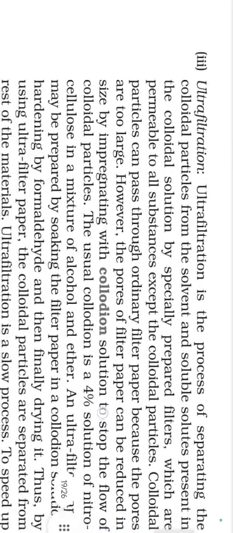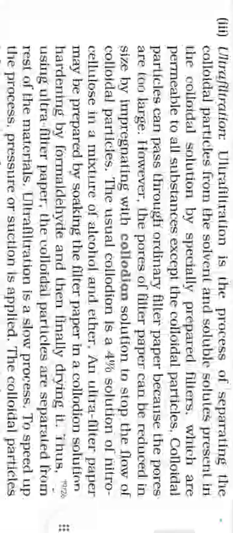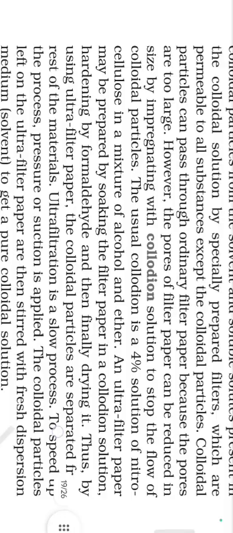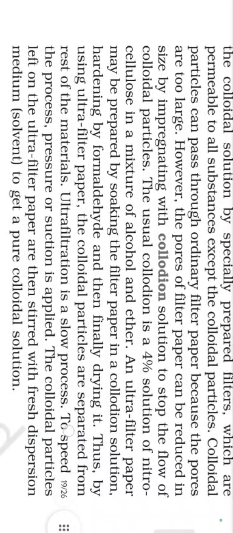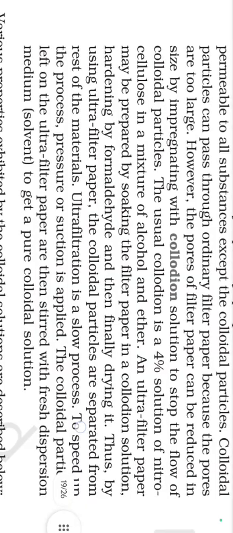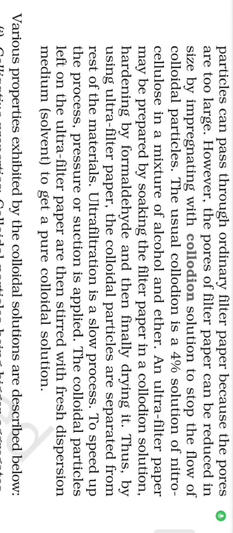Third, ultrafiltration. Ultrafiltration is a process of separating the colloidal particles from the solvent and soluble solutes present in the colloidal solution by specially prepared filters, which are permeable to all substances except the colloidal particles. Colloidal particles can pass through ordinary filter paper because the pores are too large.